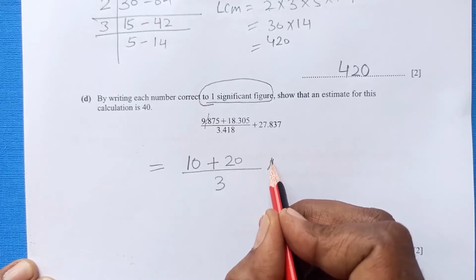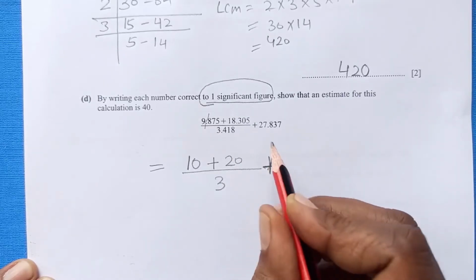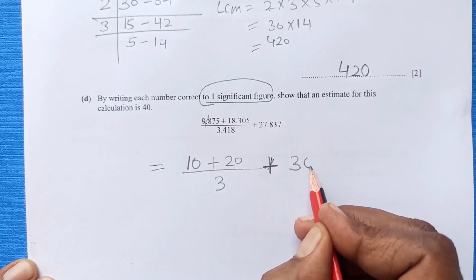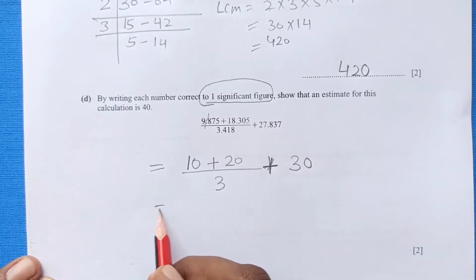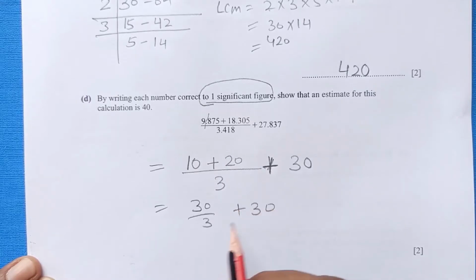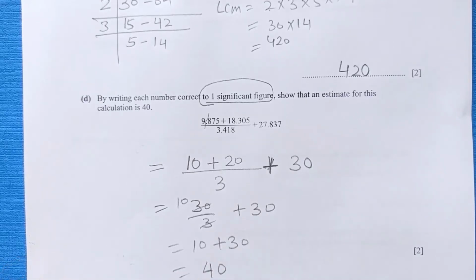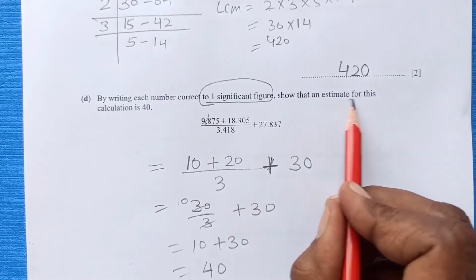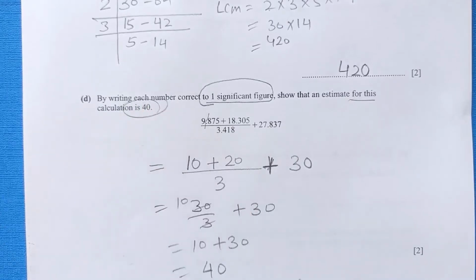Then we have plus here 27, which is nearest to 30. So this is 20 plus 10, 30 over 10 plus 30. So this one is 10. So 10 plus 30 gives you 40, right? So the estimate for this calculation is 40. So we got 40 here, right?